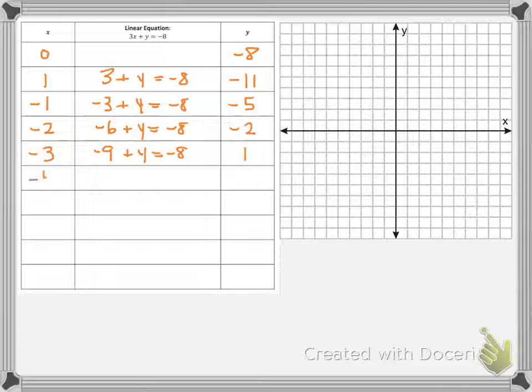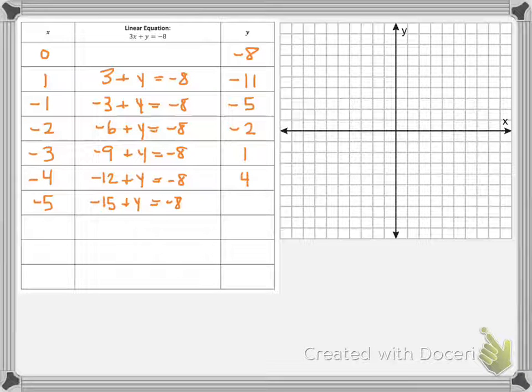Let's keep going with the negatives. Negative 4 times 3 is negative 12. Plus y equals negative 8. Add 12 to both sides, that would give me a positive 4. Negative 5 in for x, we get 3 times negative 5 is negative 15, plus y equals negative 8.